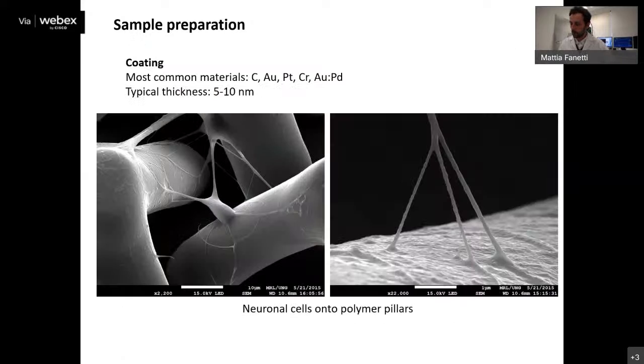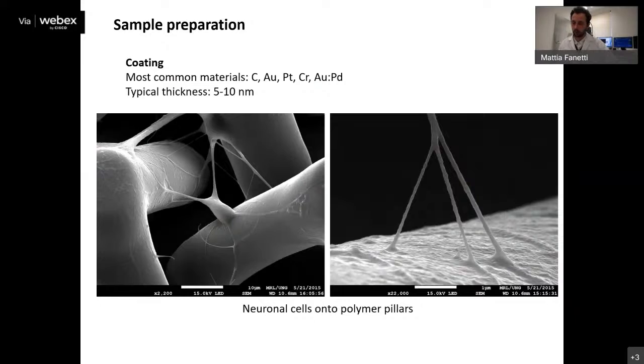For example, here I show you a neuronal cell on top of some polymer substrate. Now, in order to watch this kind of system, besides the fact that if it is a bio system you also have to dehydrate and fix the sample, but this I will not go through because this is only for biological samples.